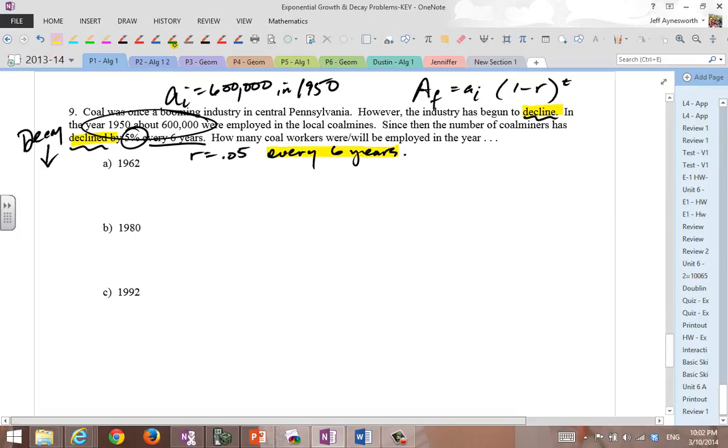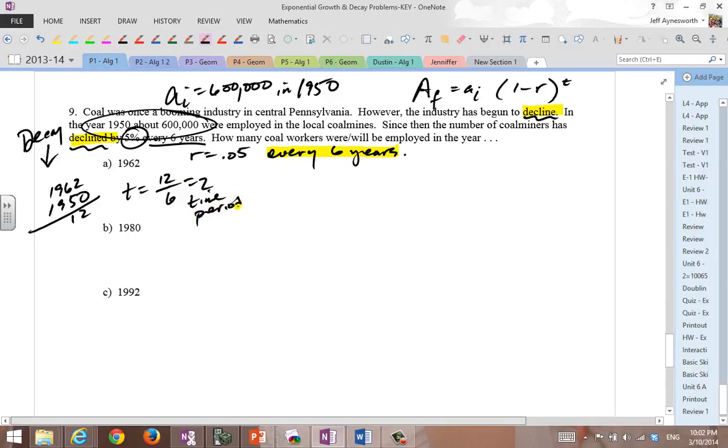So here we go. In 1962, that's 12 years past 1950. Remember, that's a reference year. So 1962 minus 1950, that's 12 years have passed. So in this case, 12 divided by 6 is 2 time periods.